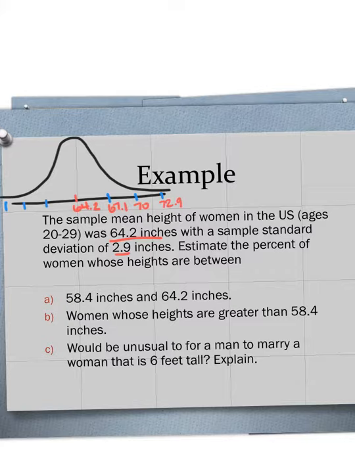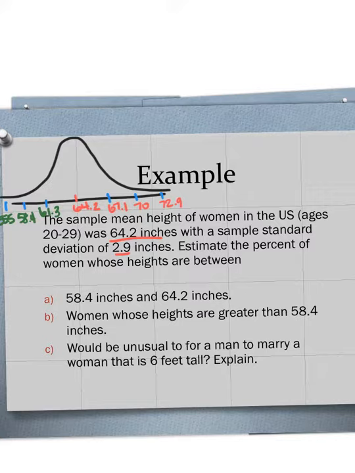So 64.2 minus 2.9 gives us 61.3, minus 2.9 again, 58.4, minus 2.9 again, and we get 55.5.